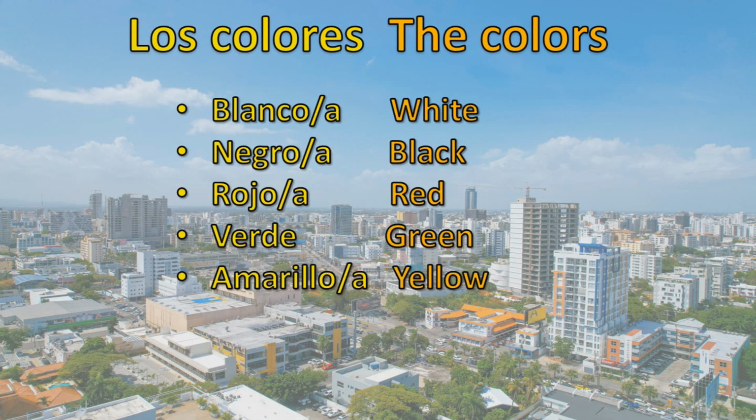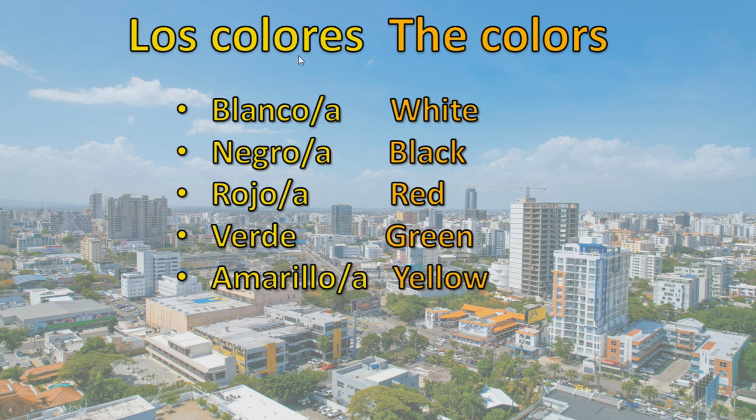Okay, guys, now we are going to learn the colors in Spanish, los colores en español. And let's start with blanco, white, blanco. The color is blanco. However, in Spanish we conjugate the adjectives as well. Not only nouns change, but also adjectives, all right? So if I have to use the word blanco, white, with a noun that is feminine, I have to change from blanco to blanca, right?